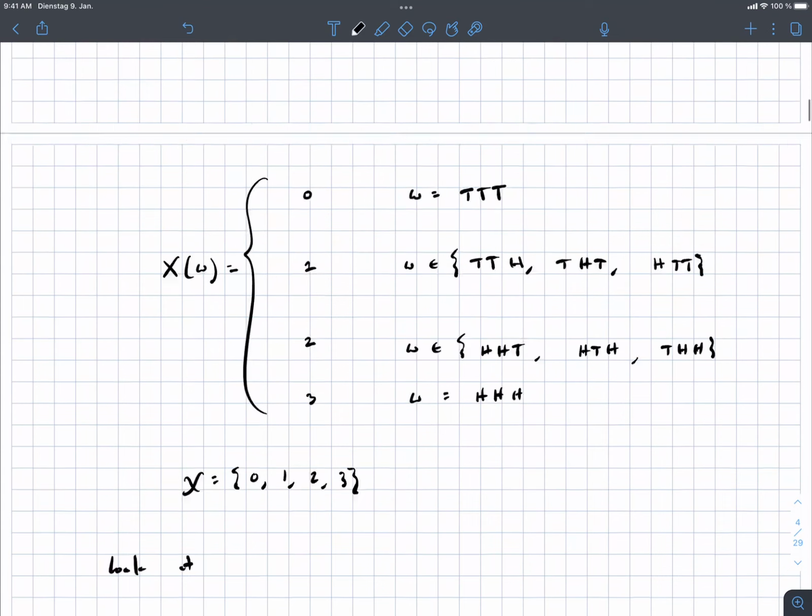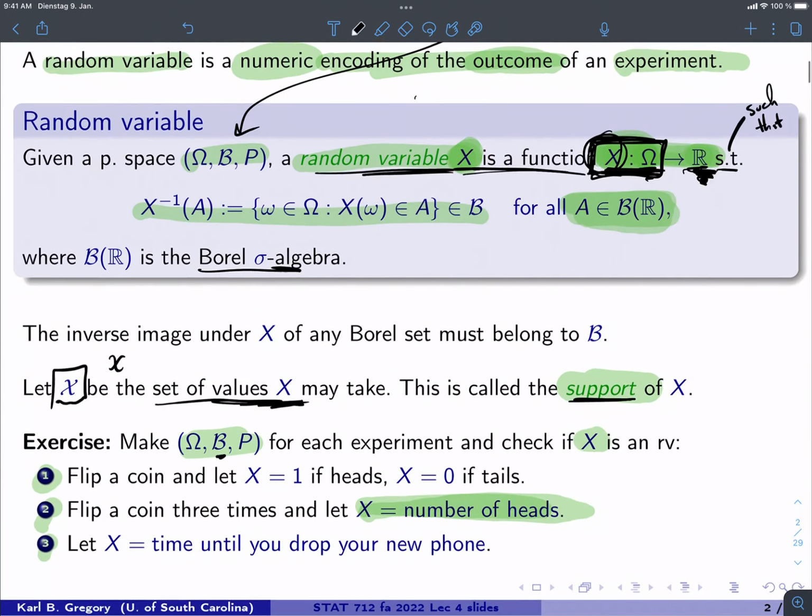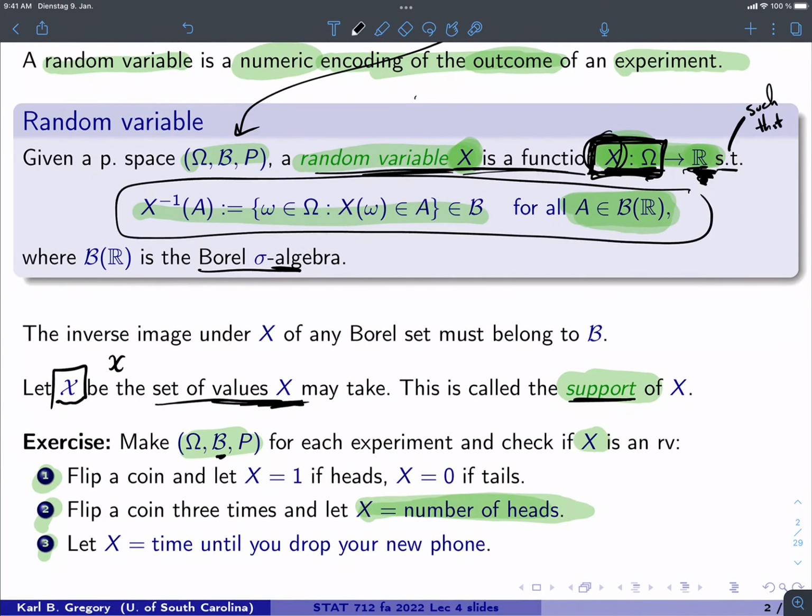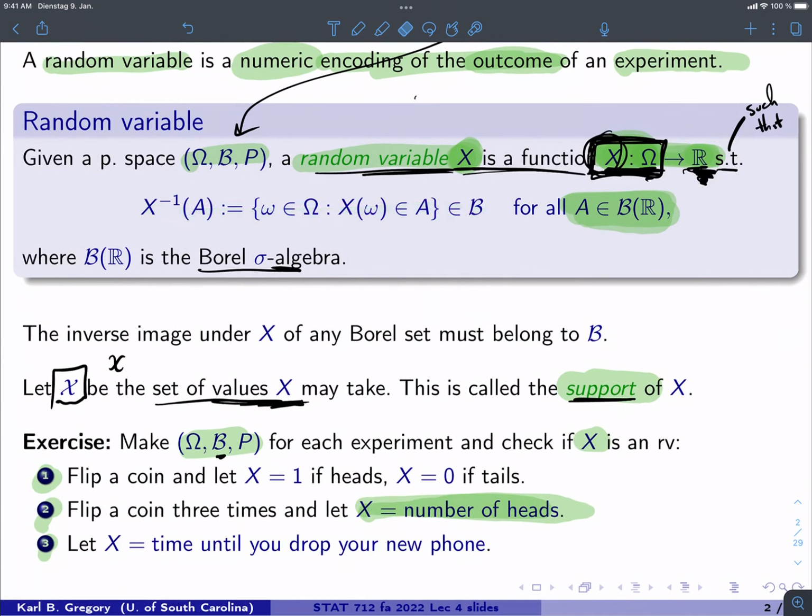look at, just to illustrate again what we mean by this, if I take some set, some interval in the real numbers, remember that this Borel sigma algebra on R is just like any sets of the form like A, B, or I could have closed endpoints and any countable unions or intersections of those sets.